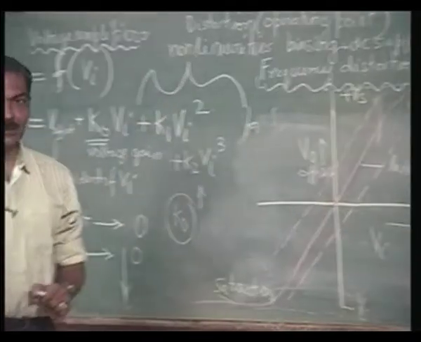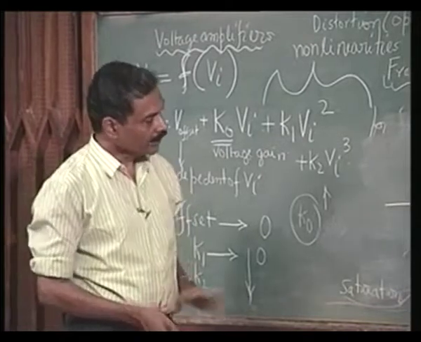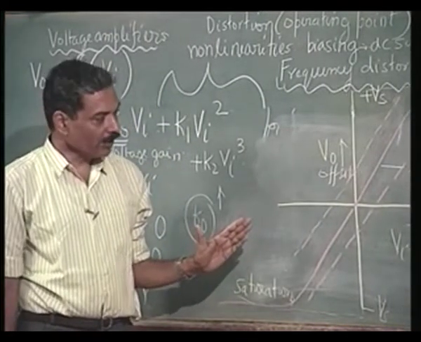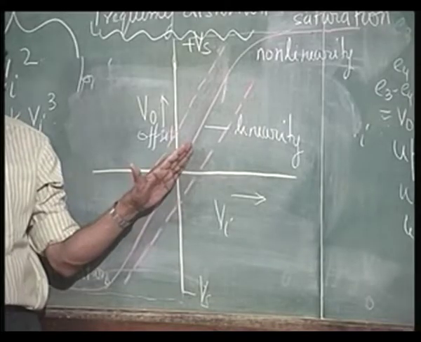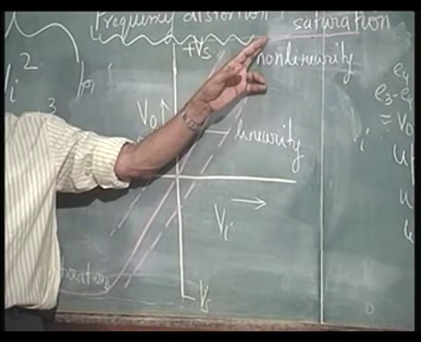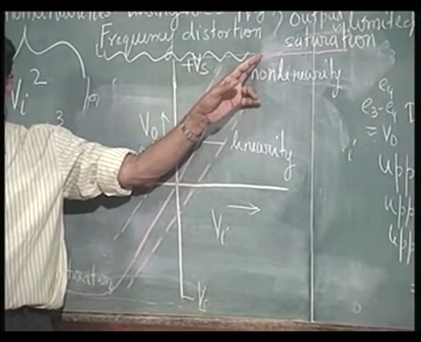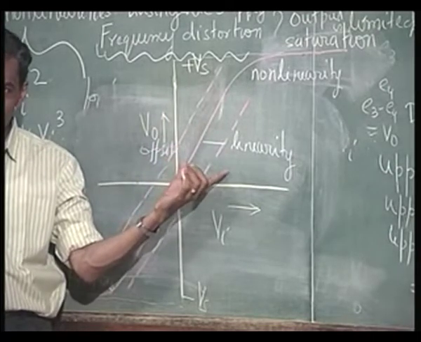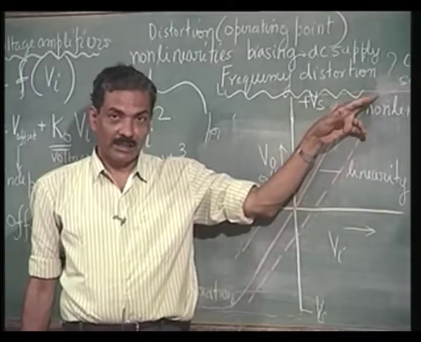So, we have learnt a lot about distortion. That means distortion occurs because of Vi increasing, and then the further increase in the output voltage is not the same as the earlier increase for the same amount of Vi change. That is called non-linearity.